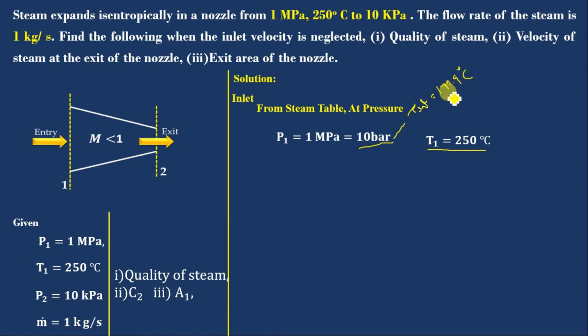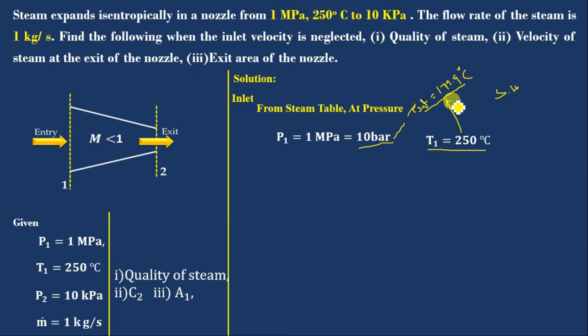So now we come to know this saturation temperature is less than the given temperature. So steam is superheated steam. Remember, the given temperature is higher than the saturation temperature. So steam is superheated, and we have to use the superheated steam table to find the properties.